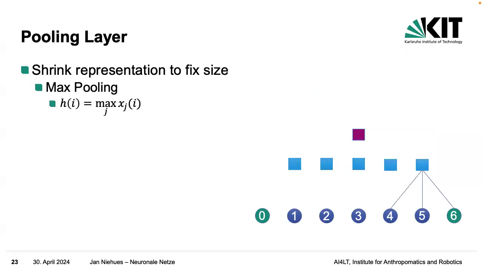If you want to go from a variable size input into a fixed size representation, we've seen that, then you can do very simple pooling, and that is typically combined with convolutional neural networks. The idea is you have the filters which detect whether there is something or not. And with max pooling, you can then check, in the whole area which I go over, whether it occurred or not, by taking the maximum of that.